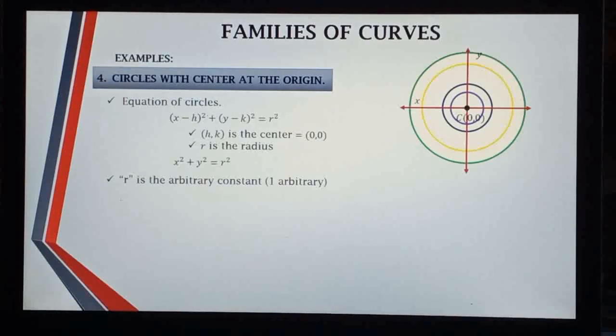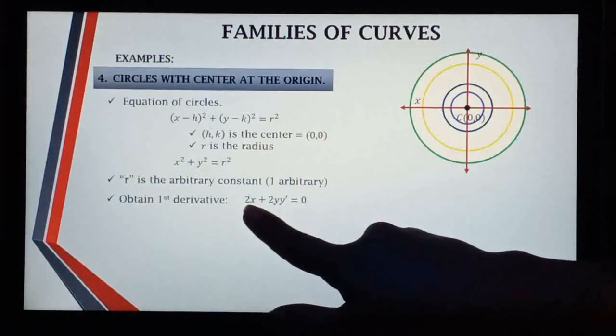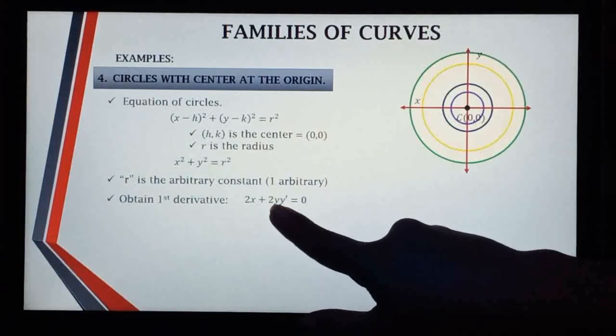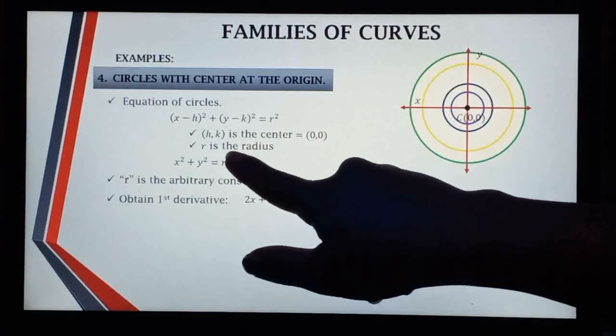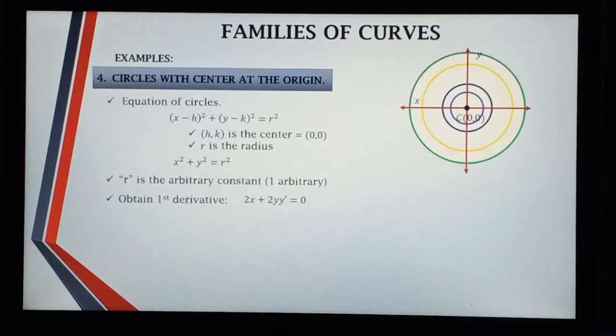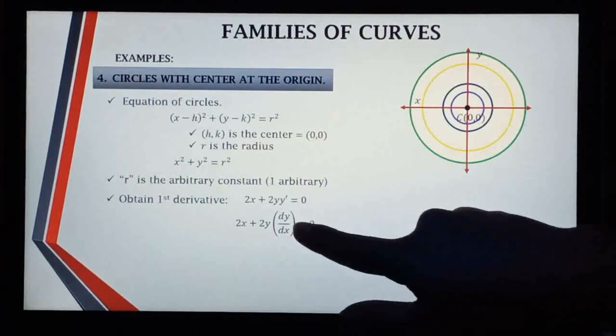So in that case, the identified arbitrary constant is your r. So meaning to say you only have one arbitrary, so you have to obtain the first derivative of the equation. Now the first derivative of the equation is said to be 2x, then y squared is equivalent to 2y, y prime, then si r is constant, so ang equivalent niya is 0. So in that case, simplifying the equation by putting y prime into dy over dx.